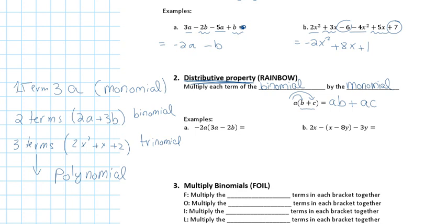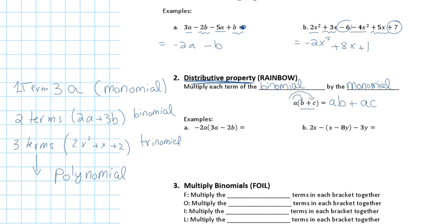Okay? Let's look at that example here. So what do I have here? I have a monomial, which is negative 2a, multiplied by a binomial, 3a minus 2b. Okay? So I'm going to have to multiply that monomial by both terms inside the bracket.